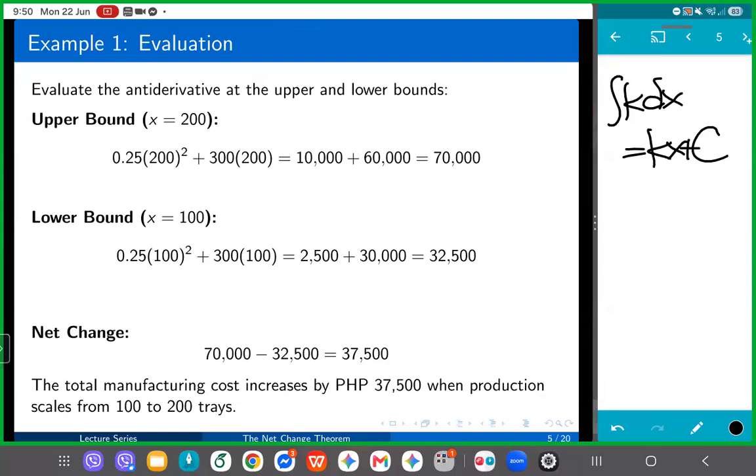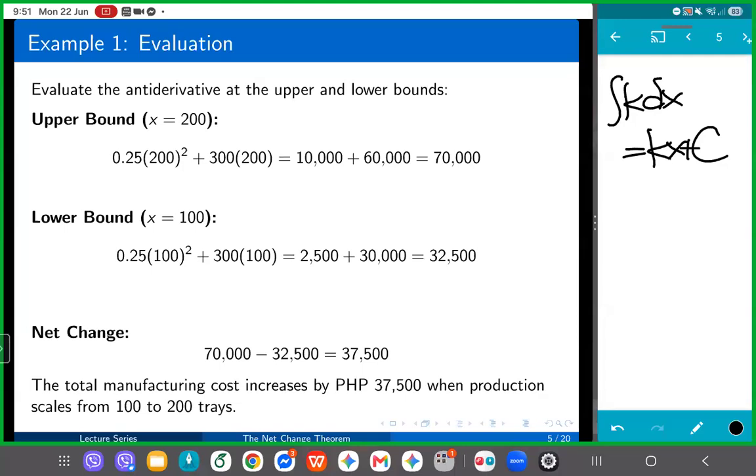The total manufacturing cost thus will increase. This is not the total cost, by the way. This is the net cost, meaning it's the increase or the decrease in the cost, but it's positive, right? So cost, of course, will increase if you increase production. That's common sense. And by how much?